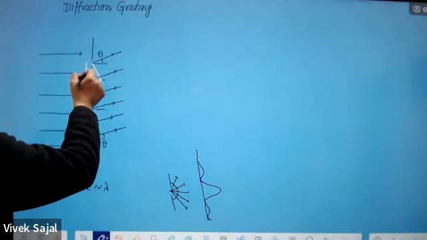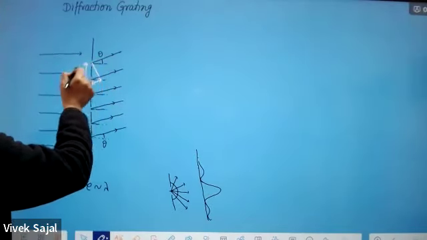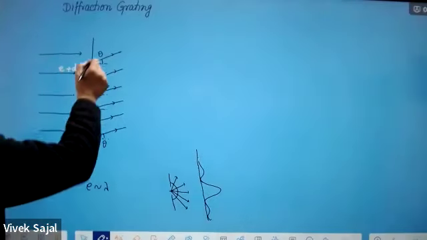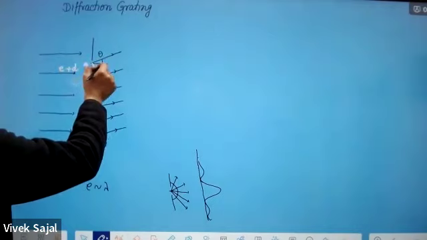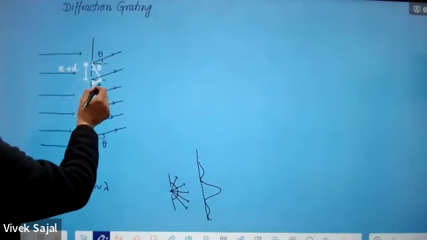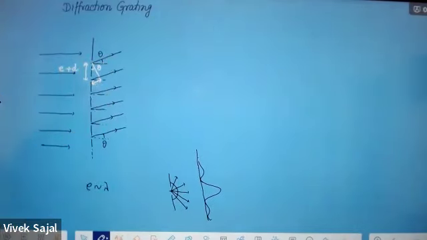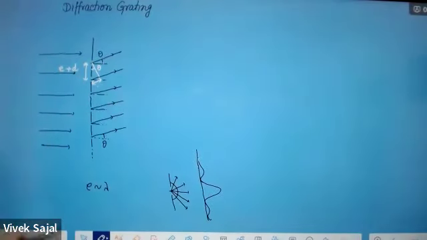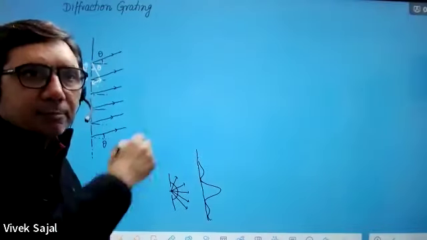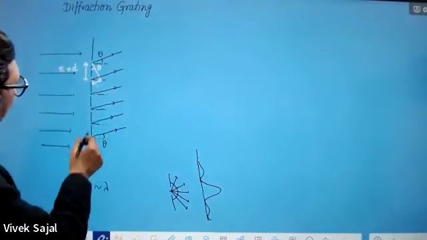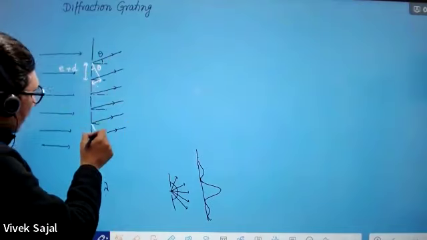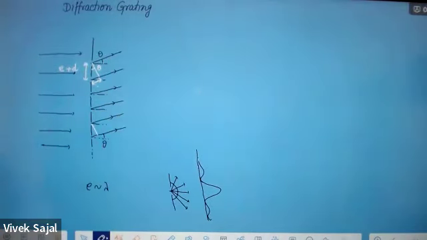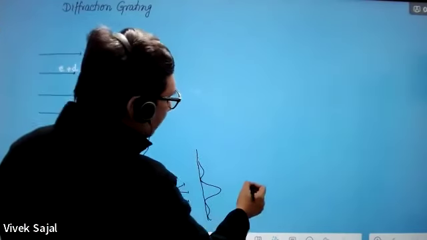This separation e plus d is the separation between two successive slits. This is theta, so automatically this will be theta, and this path difference is delta. Delta will be the successive path difference between two successive waves. If you choose this one and this one, this will be the path difference. So the path difference between two successive waves is the same.